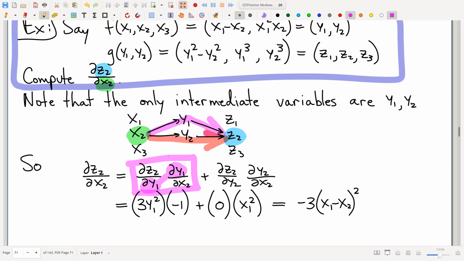They don't cancel, but they are there and there. That pattern continues. In the Y2 term, the intermediate variable Y2 is in the analogous spots, and the partial Z2 and the partial X2 are in the analogous spots. So that pattern holds. Very convenient. Make sure you're clear on how that pattern works. Again, it streamlines the process.